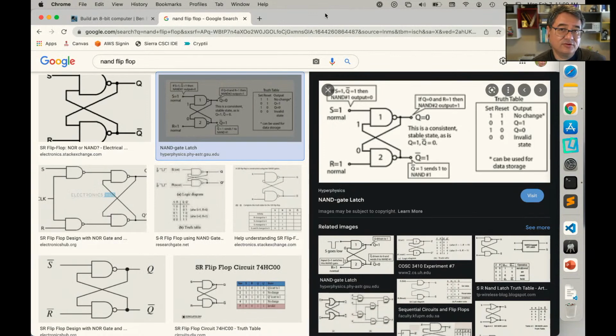Now that's not the way that modern computers store bits in RAM. RAM is actually built up out of little tiny capacitors, which can be used to store a charge. Capacitors are super, super cheap to build. The problem with capacitors is that they lose charge over time.